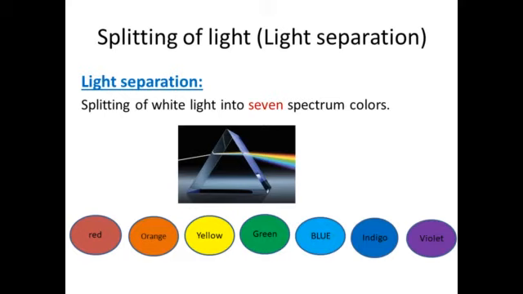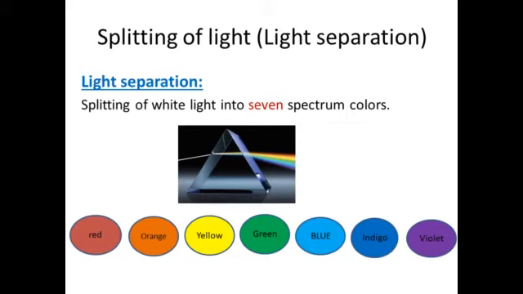If you put a source of white light in front of a glass prism, you will observe that the white light will be split into the 7 spectrum colors as in the following arrangement. Okay? These colors are called the 7 spectrum colors.